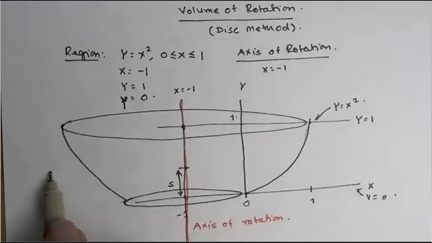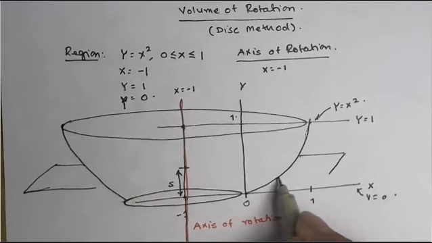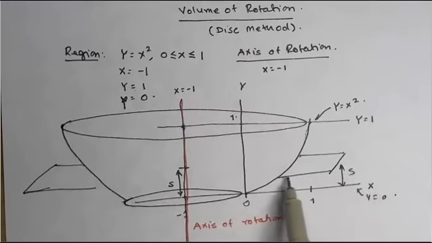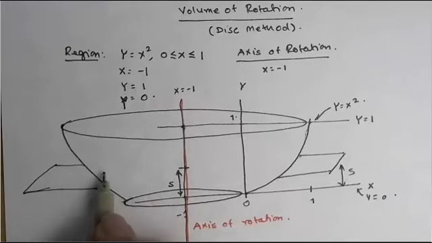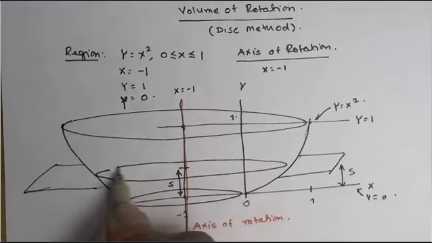So let me try to draw that plane. And this height is s. I'm not going to draw my plane all the way through because the diagram will get really messy if I do that. But you should imagine this plane cutting through the volume at the height s. So when you do that, you get a cross section of the volume, which of course ends up being a circle.